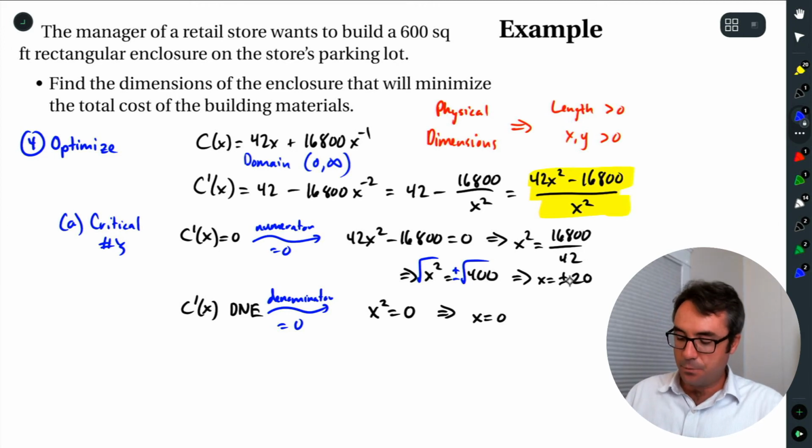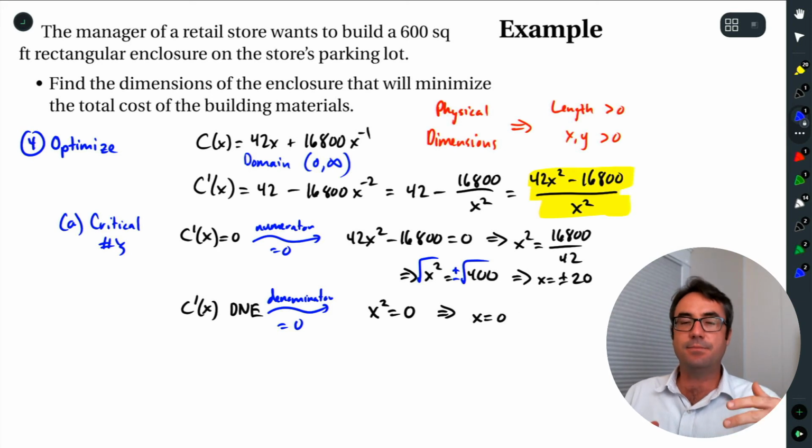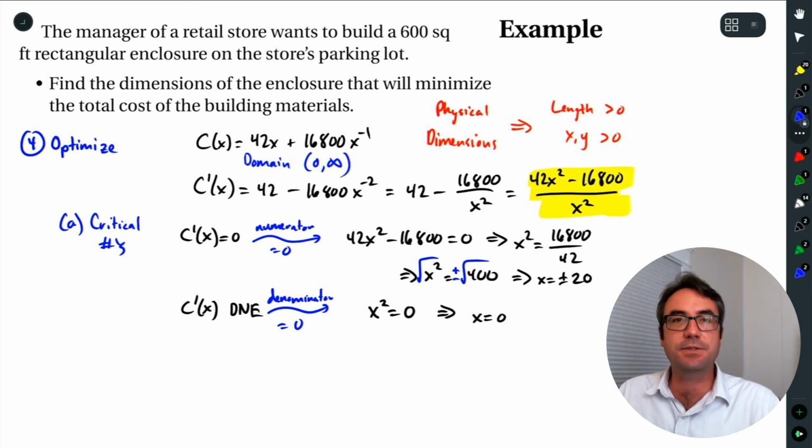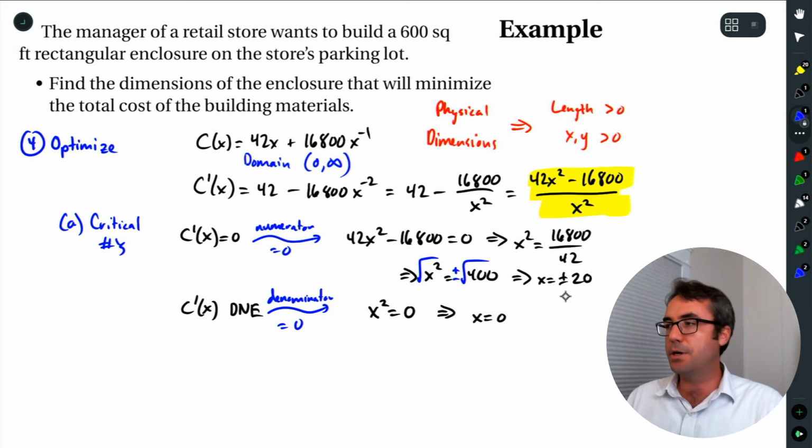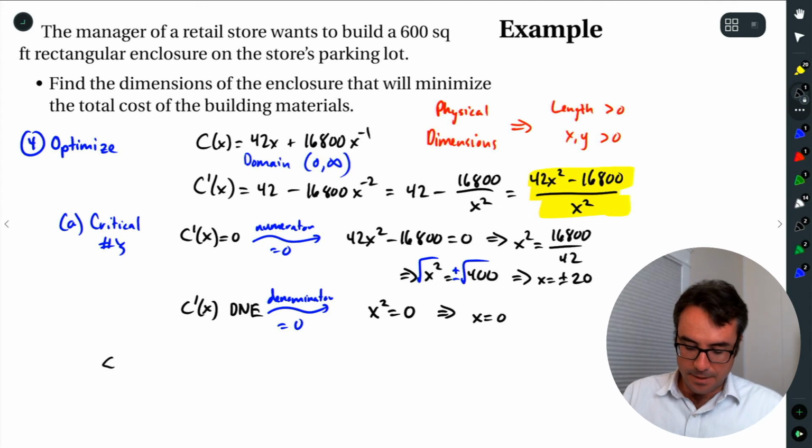So we found all these other x values, but they're artifacts from just the equations. If we put them into the bigger context of the physical problem, it doesn't make any sense to have negative 20 as a length or 0 as a length. So the only one we're going to use here is x equal to positive 20. That's because, again, we're only looking at the domain here.